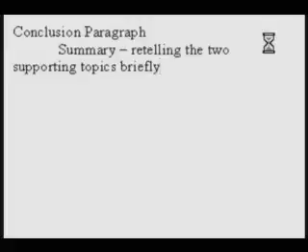So in 1 or 2 sentences, I suppose we want to retell the 2 topics that we talked about in supporting paragraph 1 and supporting paragraph 2. Now we don't want to bring in new information. This is supposed to be a summary, so this should be information that we've already given.